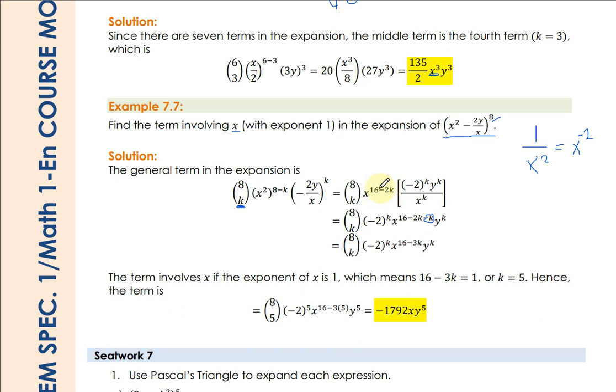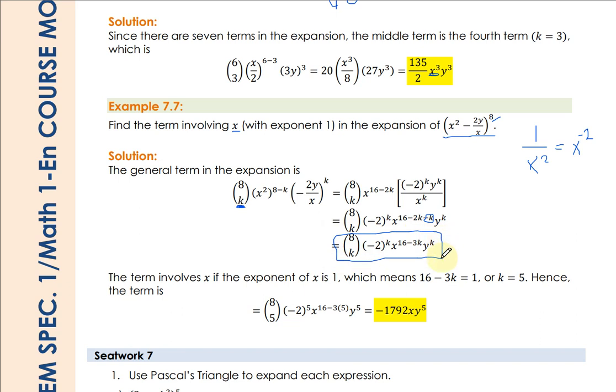So gi-add lang nato siya dere. So we have 16 minus 2k minus k. Then you copy the rest. So we have y to the power of k, then we have negative 2 to the power of k, then the combination. So negative 2k minus k, that is equal to negative 3k. So we have this expression.